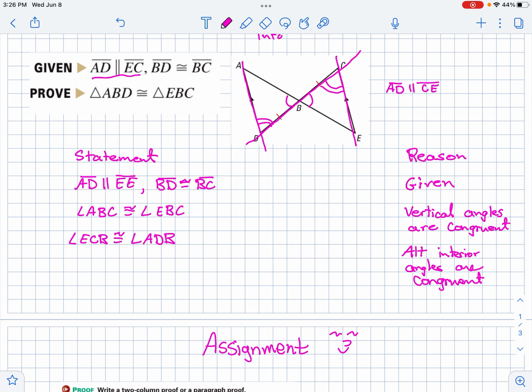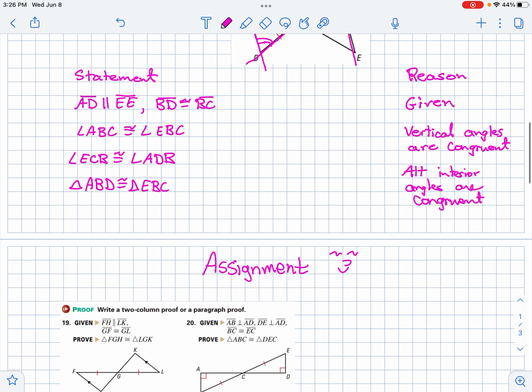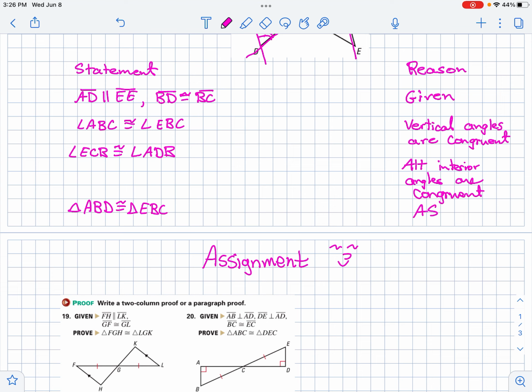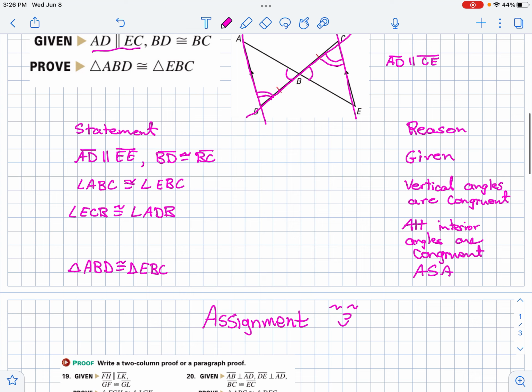Now look what we have. We have angle, side, angle. Well, if that's the case, then the triangle ABD is congruent to the triangle EBC by angle, side, angle. So there we have it.